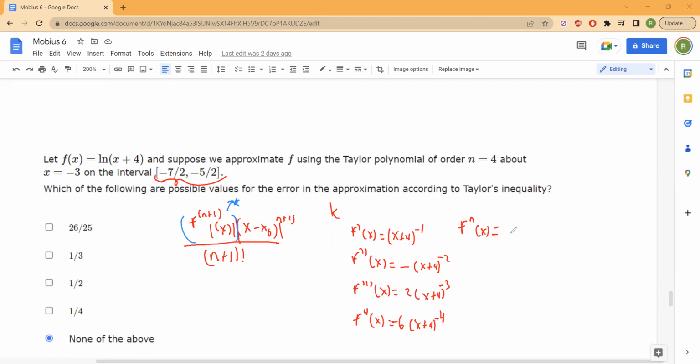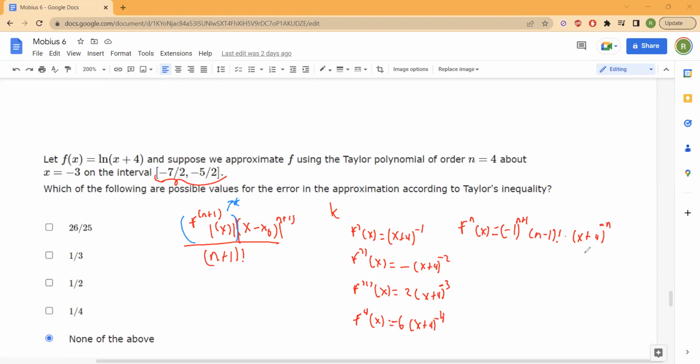And that pattern is that it's going to be (-1) to the power of n + 1, times (n - 1) factorial, times (x + 4) to the power of -n.